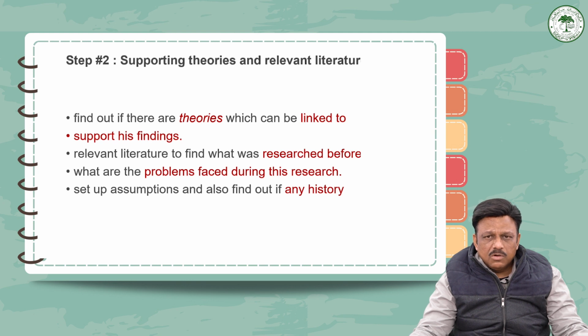He has to figure out if any theory can help him support his findings. So all relevant literature will help the researcher find out if others have researched this before, or what problems were faced during this research. And the researcher will also have to set up assumptions and find out if there is any history regarding his research problem.